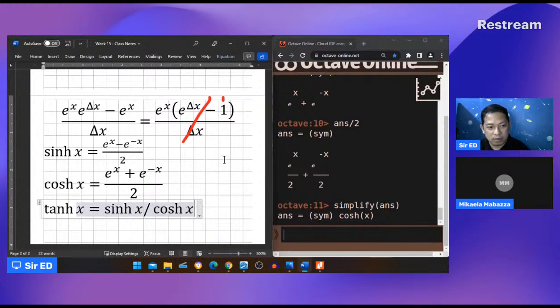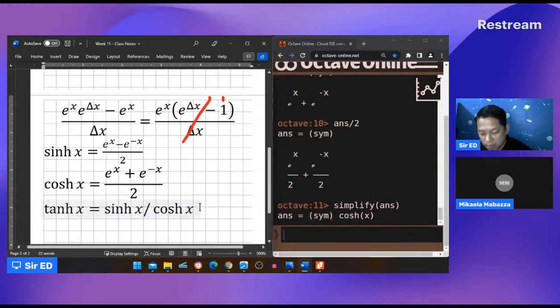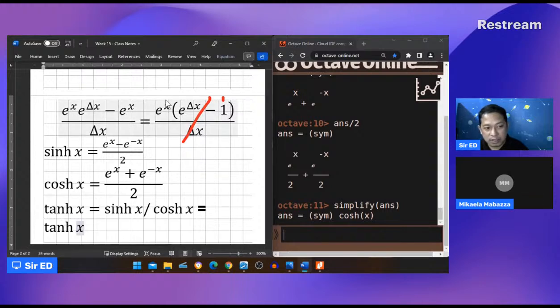So anyway, your tangent x now is obviously equal to e raised to x minus e raised to negative x divided by e raised to x plus e raised to negative x.